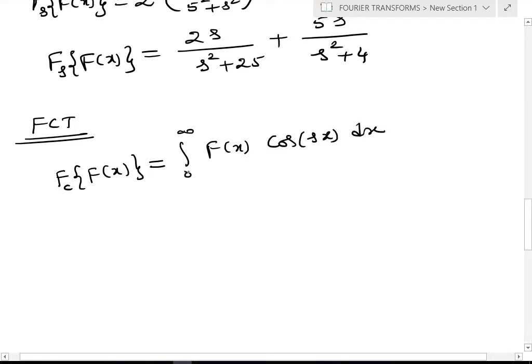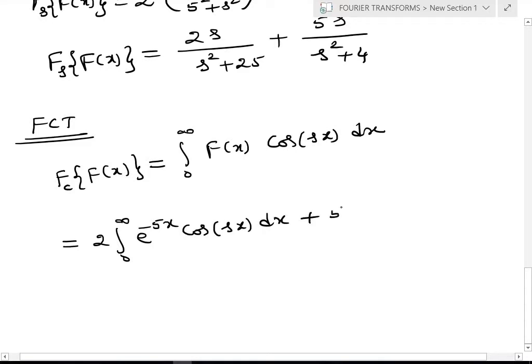In place of f of x, we have 2 into e power minus 5x. So 2 comes out, the integral from 0 to infinity of e power minus 5x cos of sx dx, plus 5 comes out, the integral from 0 to infinity of e power minus 2x cos of sx dx.